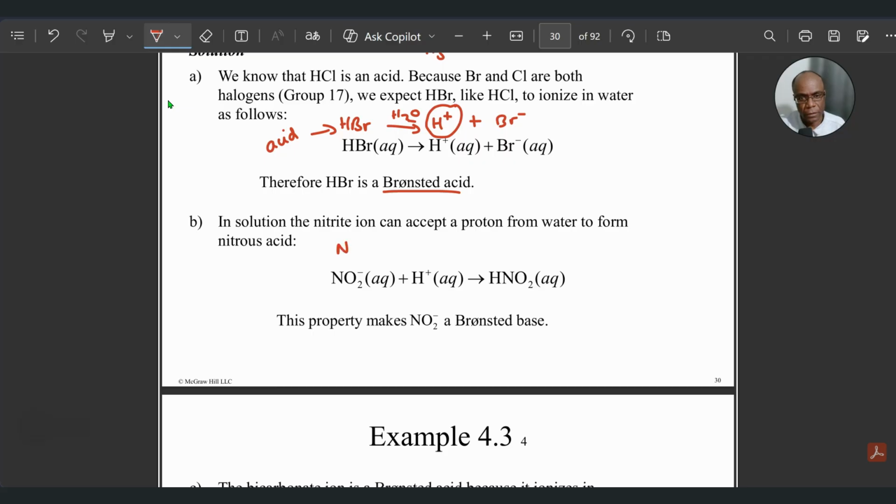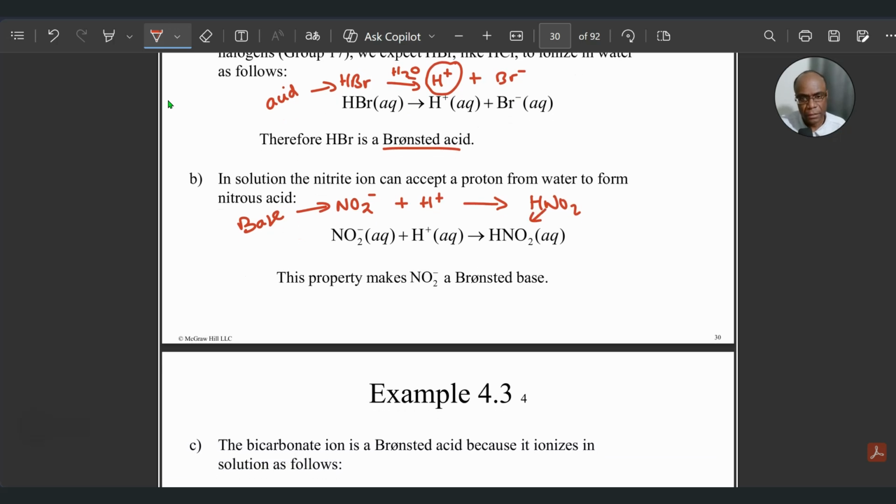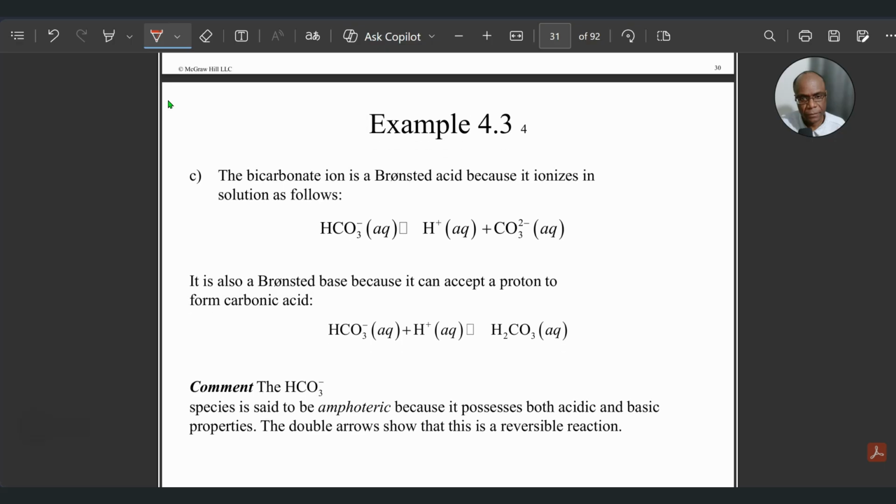And then for the nitrite, by virtue of the negative charge, it can accept a proton, meaning that the nitrite is going to be a Bronsted base to give you nitrous acid. That's what you see here. So nitrite is a Bronsted base.